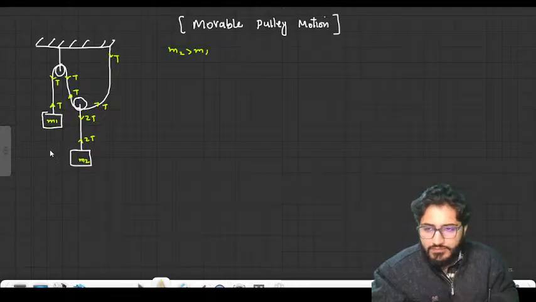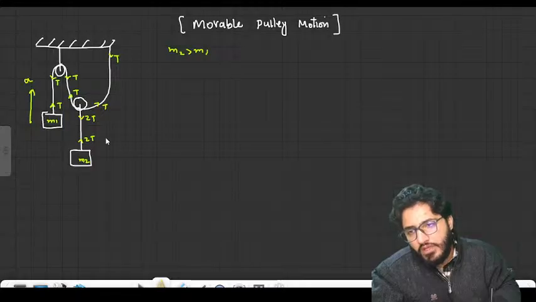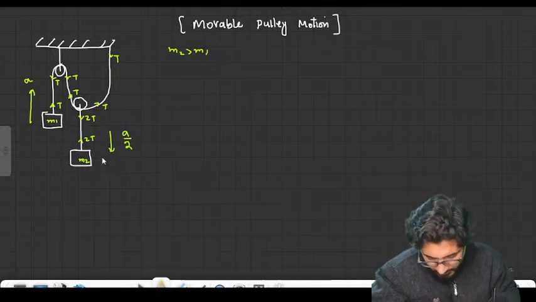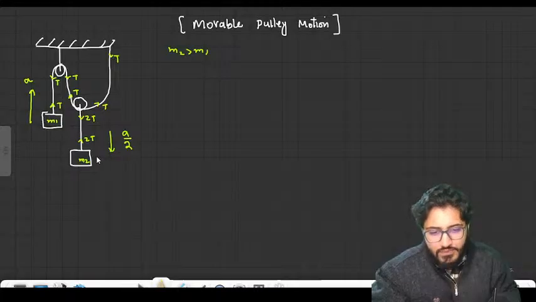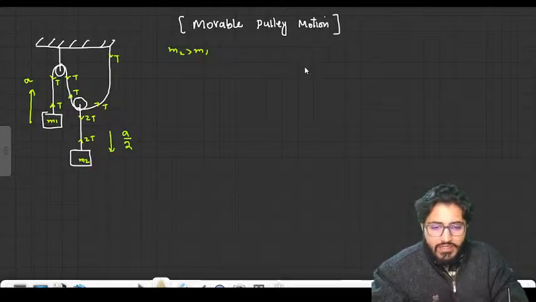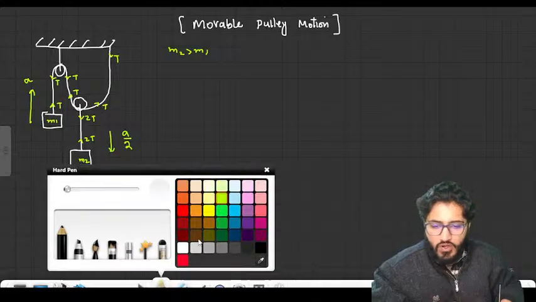Done now? If the acceleration of this one is A, the acceleration of this will be A by 2. Do you know why? Look, we are having a thing. That is constant motion, the constant motion equation.